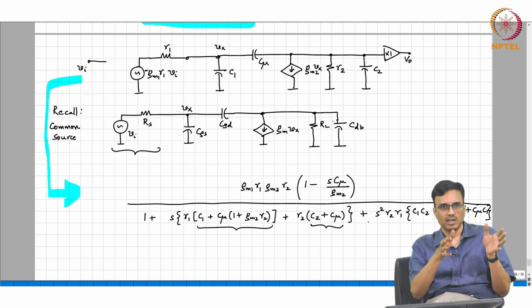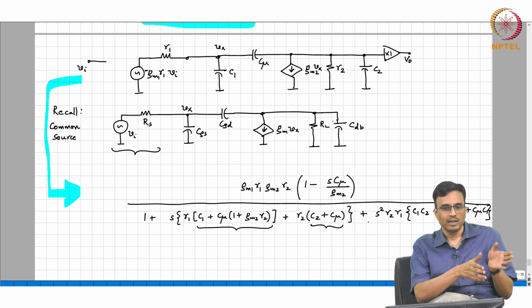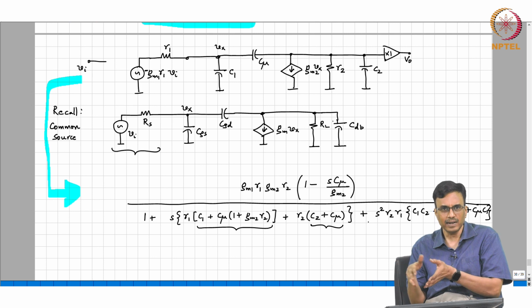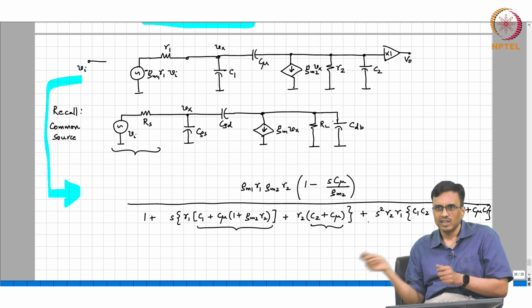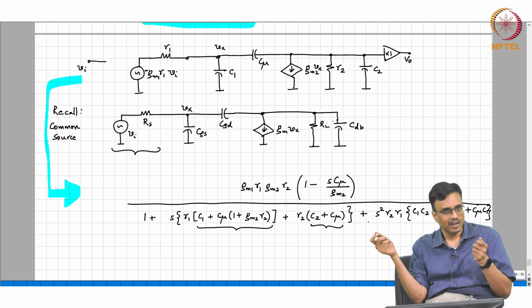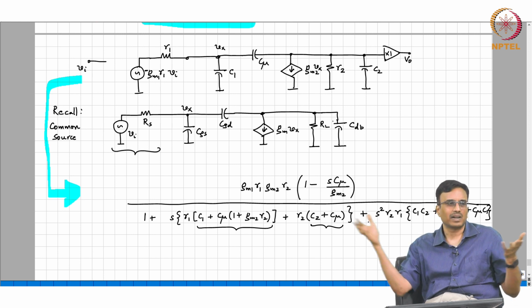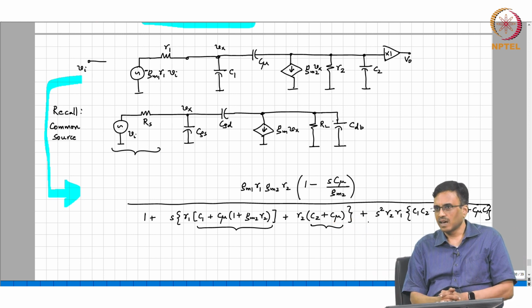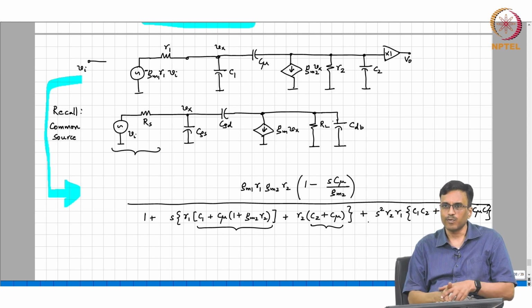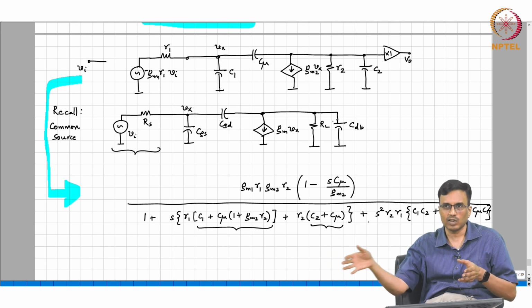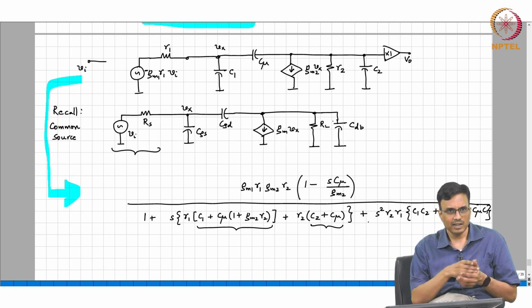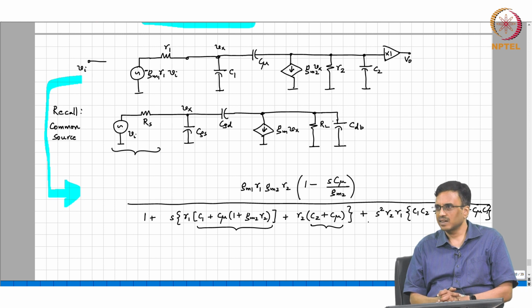You have a first stage which has got a pole at R1 C1, second stage has got a pole at R2 C2, because C mu there is some small interaction, but the 2 poles are comparable. It's not as if one is much faster than the other, or one is much slower than the other. They can be expected to be roughly near each other, right?